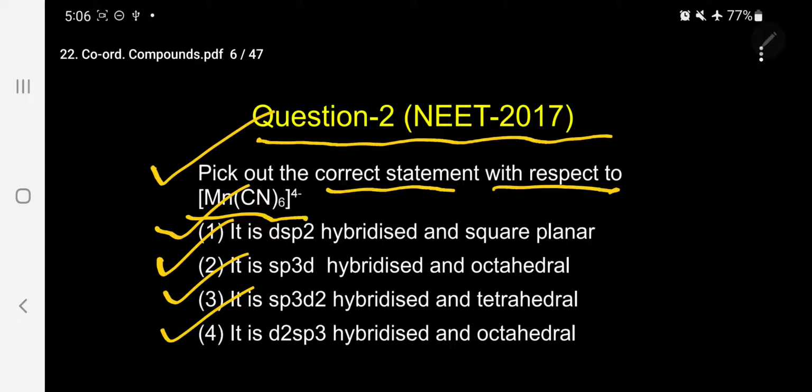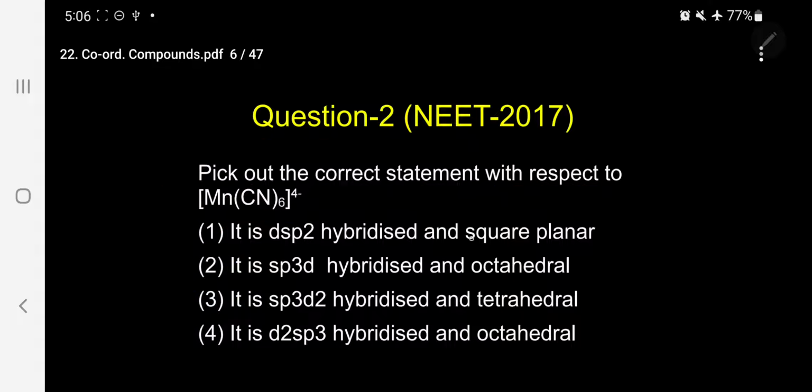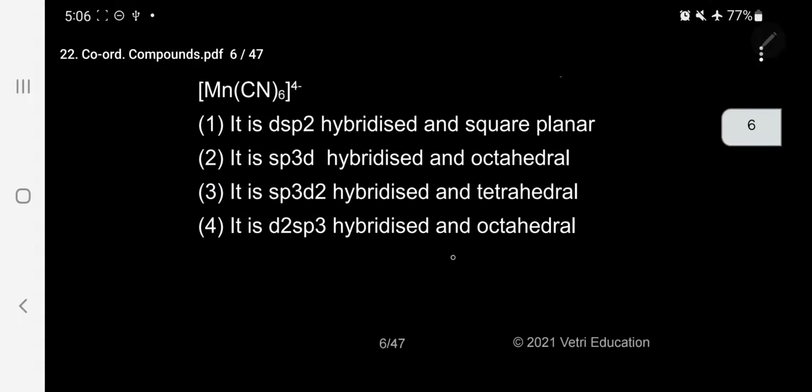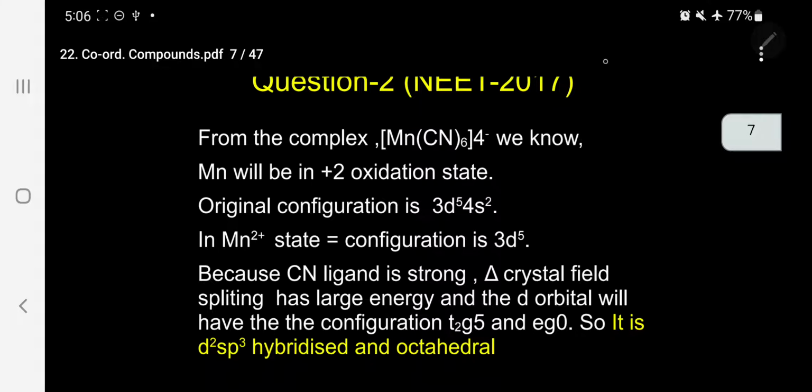Kindly follow here. So how to identify the answer? With the help of crystal field theory, we can identify the answer. From the complex Mn(CN)6 4 minus, we know the oxidation state is +2. The original configuration of manganese is 3d5 4s2. So in the Mn2+ state the configuration is 3d5.